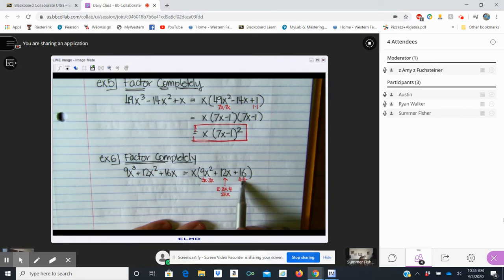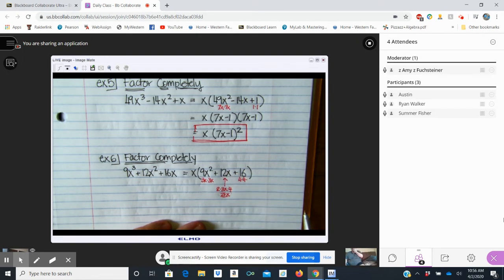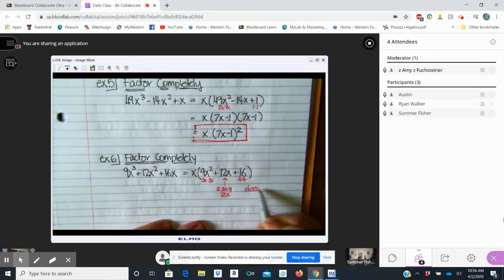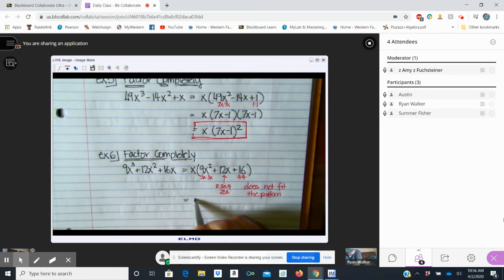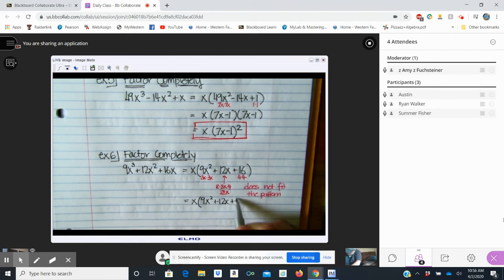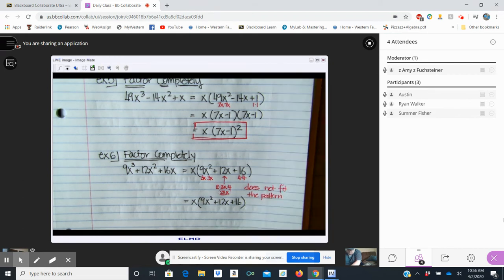So it should be double the square root from each, from your A here and from your B. Is 12x 24x? So this does not fit the pattern, and I cannot use it. On this one, I am done now. This is all I can do for factoring.